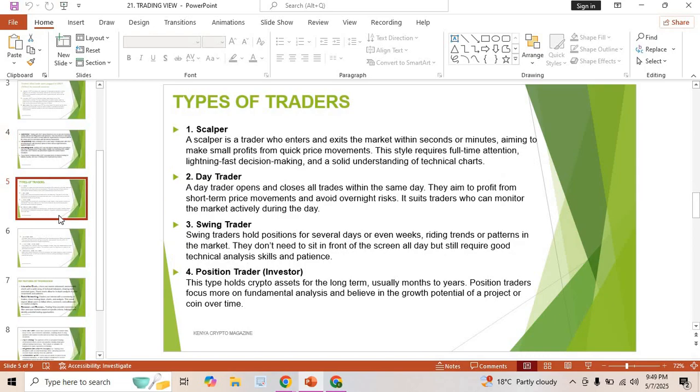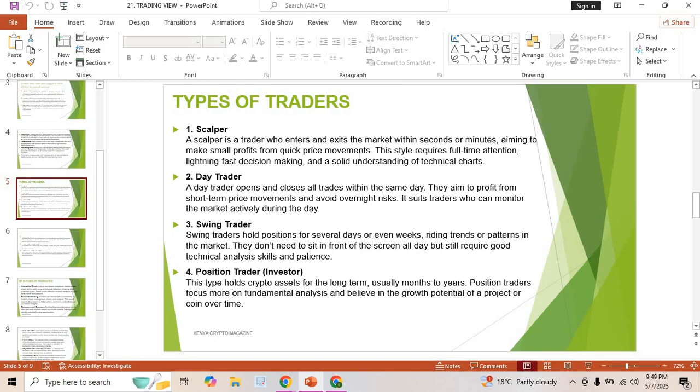I have a little shy of 7 different types of traders, but the main ones are the 4 that you see on the screen right now. Number 1, we have a scalper. A scalper is a trader who enters and exits the market within seconds or minutes, aiming to make small profits from quick price movements.